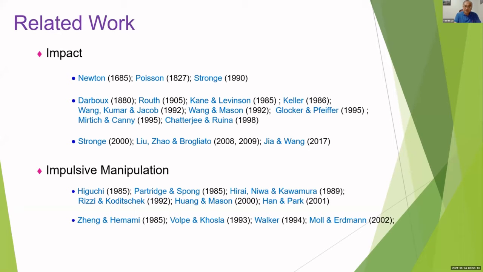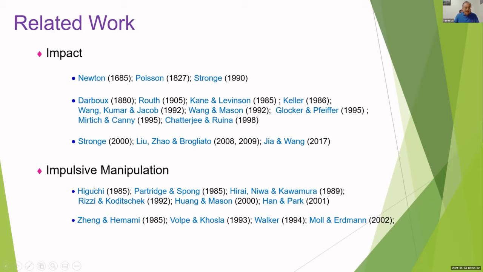to Stronge's energetic restitution. And there's also graphical work done by Drumwright and Ruspini, and the modeling of frictional impact by Keller, and then Mason and his former student Wang, and then there's LCP modeling, and then there's sequencing of multiple impacts into sequential events, and then more recently there's some work on multiple simultaneous impacts, by Stronge and Professor Liu's group in Peking University, and my former student.